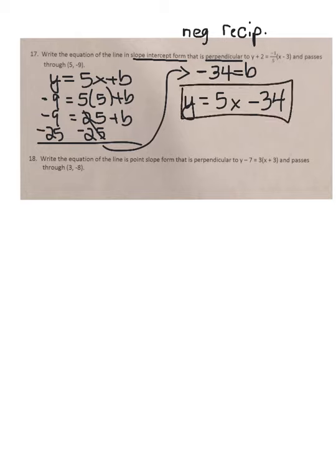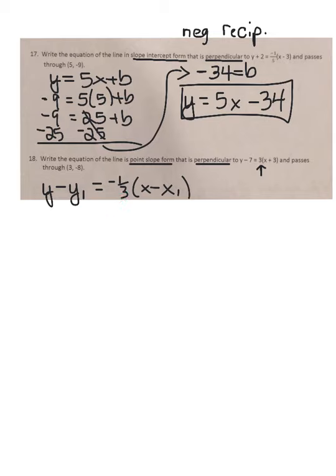18. This changes the form that we're going to write it in, but does talk about a line that's perpendicular. So we're going to look at that 3, and a line that's perpendicular is going to have a negative reciprocal slope, which would be -1/3. And notice I'm writing the point slope form. Okay, so this slope is 3, this slope is -1/3, negative reciprocal.